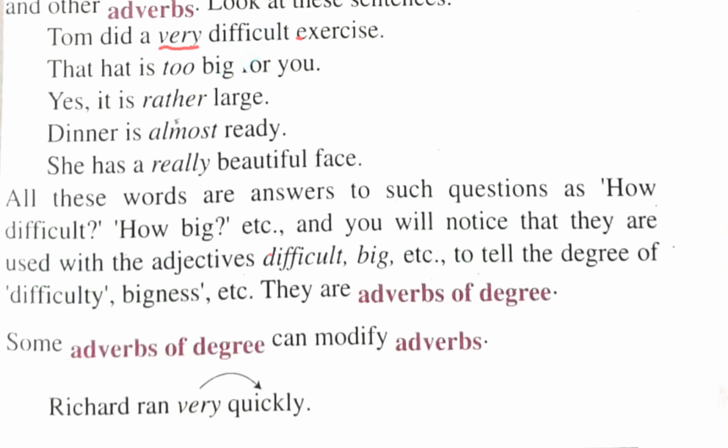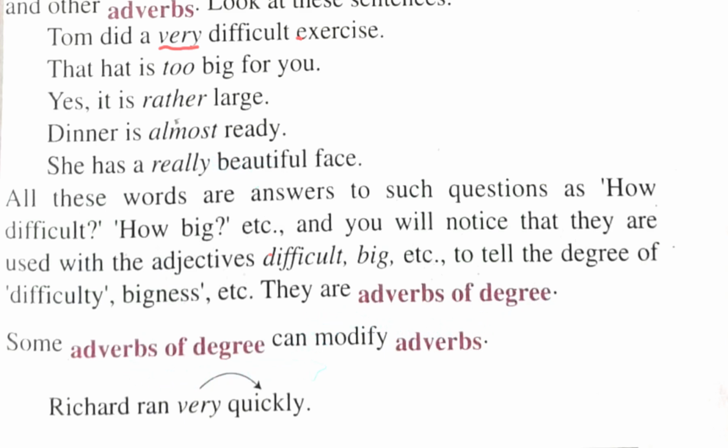It means I am going one step to another step. It was difficult, and when I say very difficult, it is actually one step or more than one step. Same thing here: too big, rather large, almost ready, really beautiful. Here they are adverbs of degree.